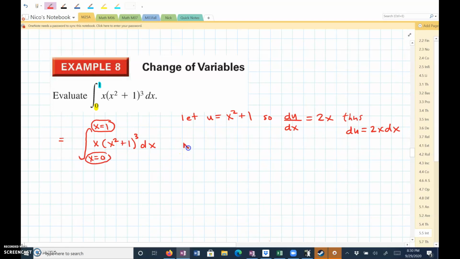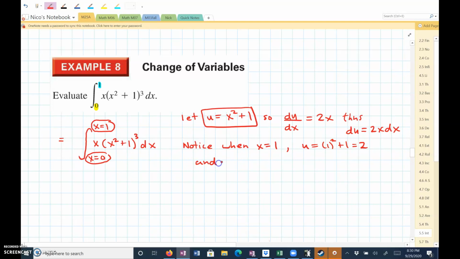So notice when x equals 1, u equals 1 squared plus 1, so that's going to equal 2.